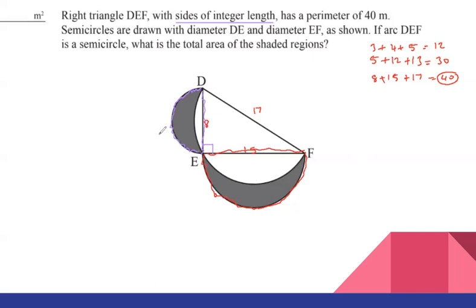But at the same time, if I subtract the half of this larger circle, do you see this guy? This is a really nice circle. We are told EF is also a semicircle. So if I subtract this white region from this whole region, it's actually going to be my shaded region. I hope you see what I'm talking about.